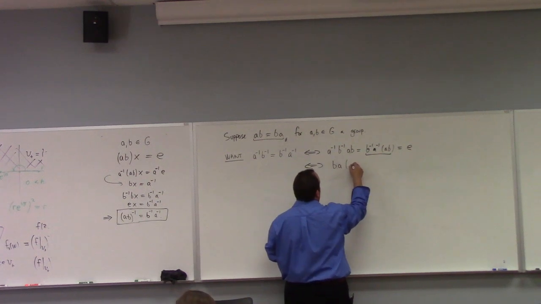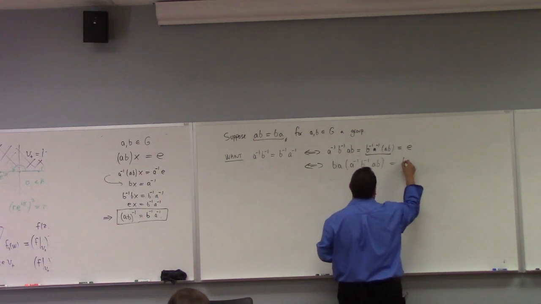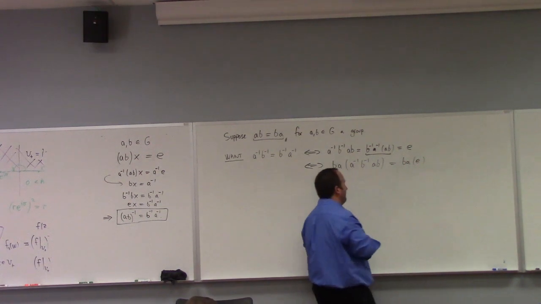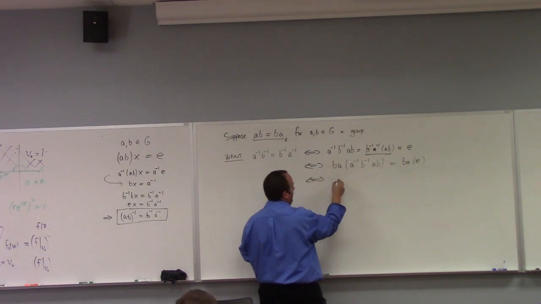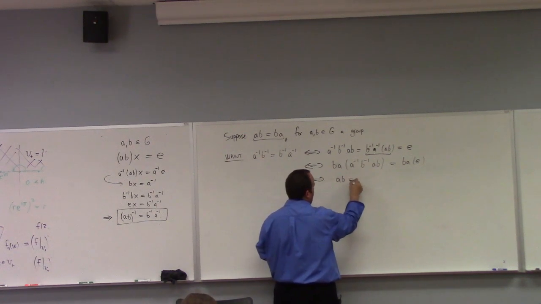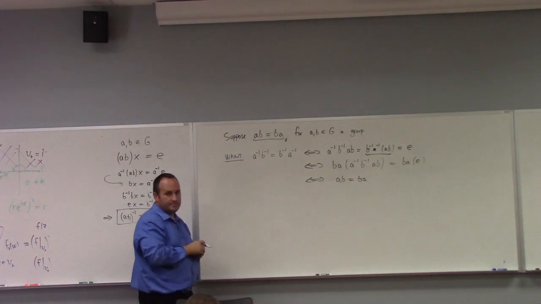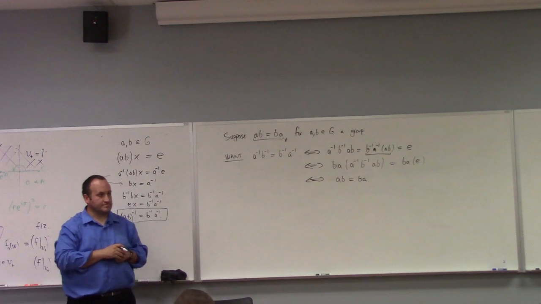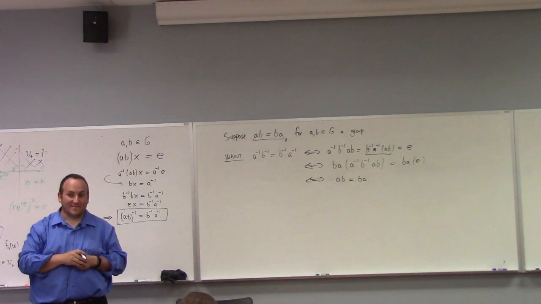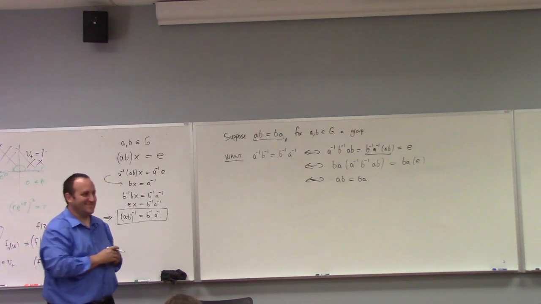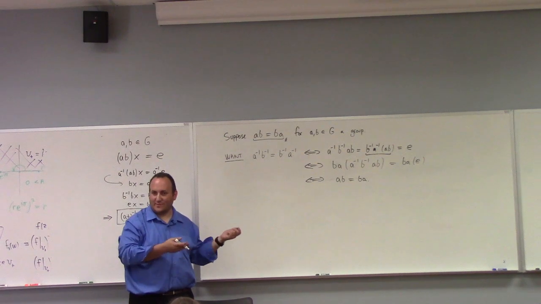BA, A inverse B inverse AB equals BA times E. But of course, this gives us AB equals BA, which we know is true. There is doubtless an easier proof. It will be added in the YouTube comments either soon or 3 years from now. Who knows?